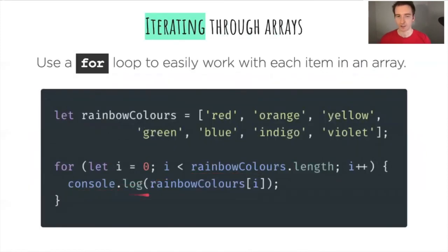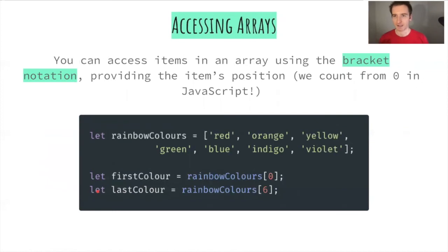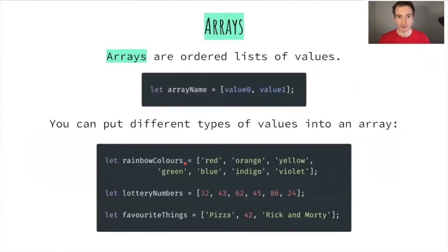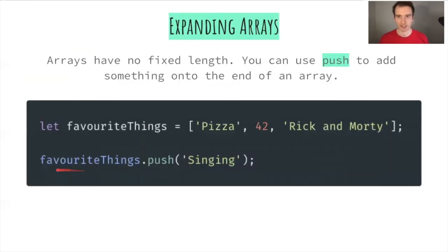Like this console.log, the log is a method on this object called console. And in JavaScript in general, under the hood, pretty much everything is actually an object. So when we create a new array, that array is actually an object, and that object has a method called push.